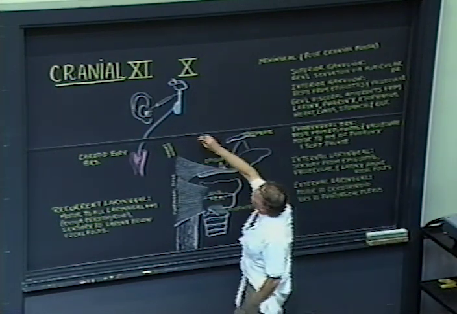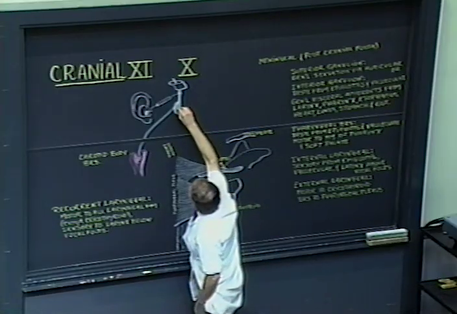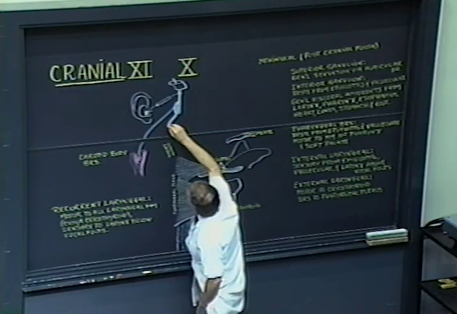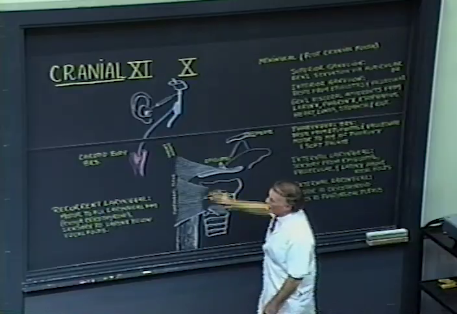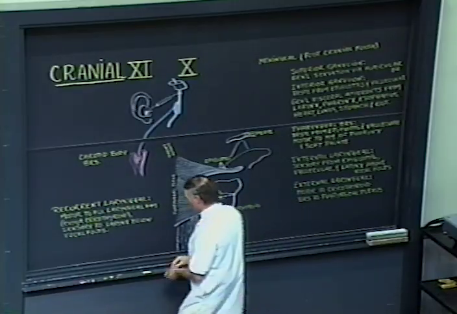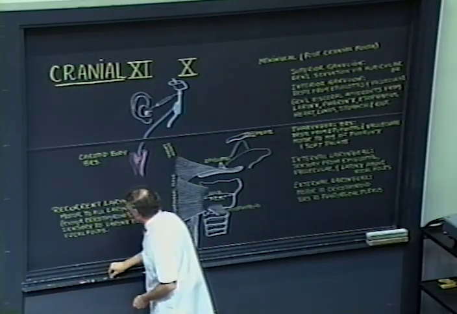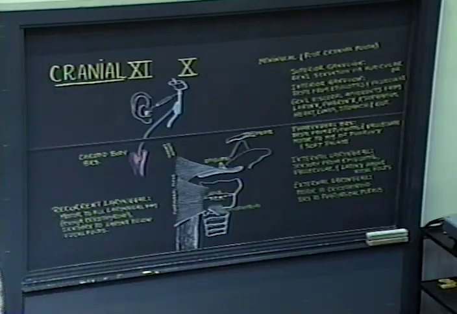Likewise, the vagus has an enormous representation of afferents. And let's break this here, so as to not make this diagram too complicated.